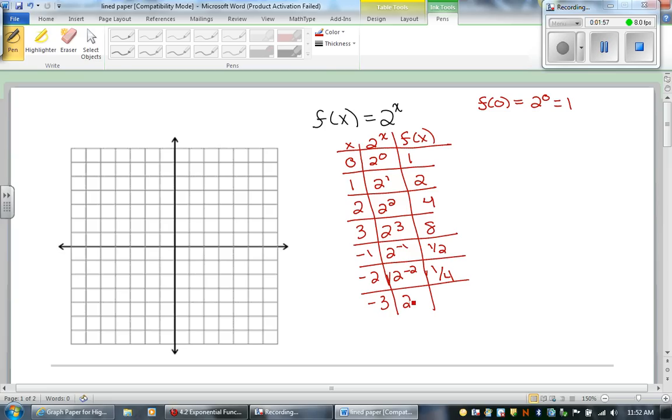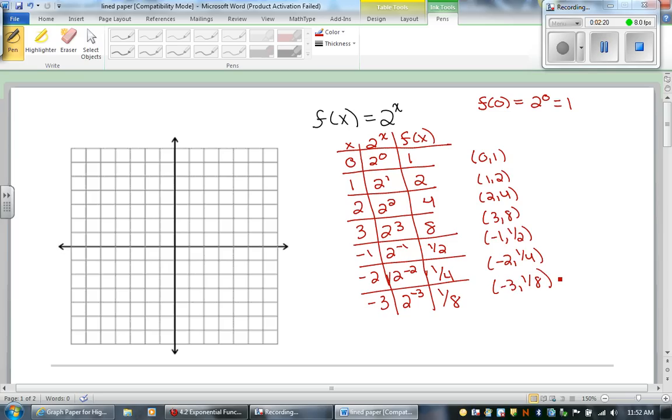And negative 3, 2 to the negative 3 is 1/8. So basically what we've done is we've created a set of points for ourselves: 0, 1; 1, 2; 2, 4; 3, 8; negative 1, 1/2; negative 2, 1/4; and negative 3, 1/8.